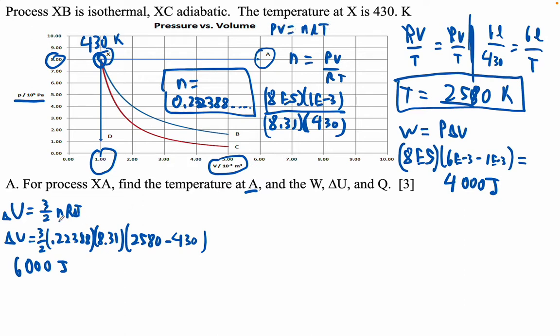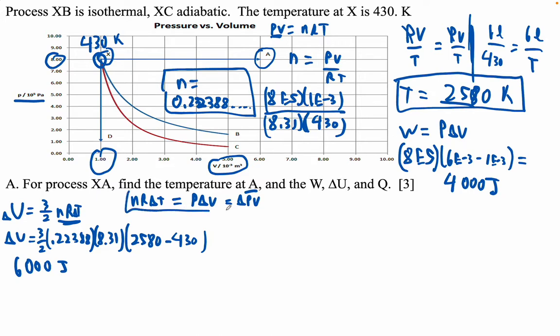Notice how there's an nRT here, right? Well, if nRT equals PV, then you can actually do this: nR times the change in temperature equals P delta V, also equals delta P V. So if one of those changes, you can actually do this.